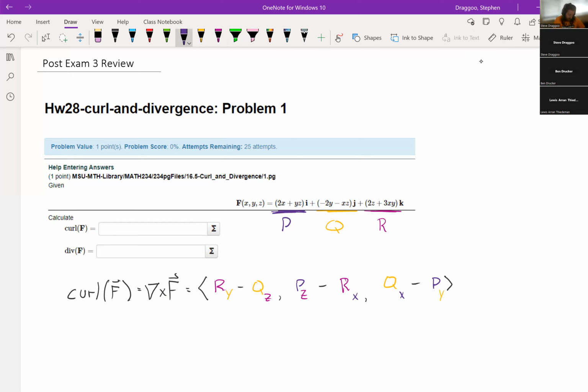And so then the curl is going to be the cross product of the partial derivative operator and our field. It's got a simplified form that we see in front of us: R partial Y minus Q partial Z, and so on down. Each component of the curl does not contain any piece for the component position that it's in.